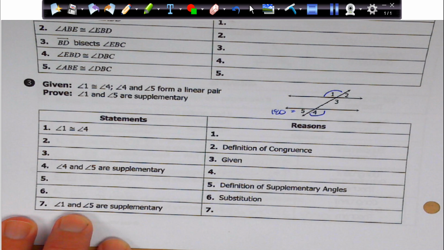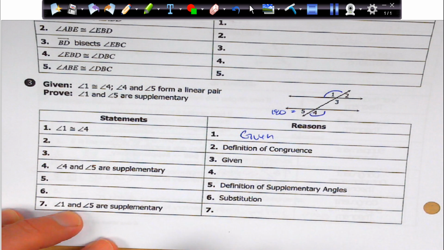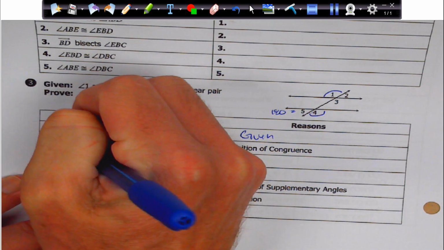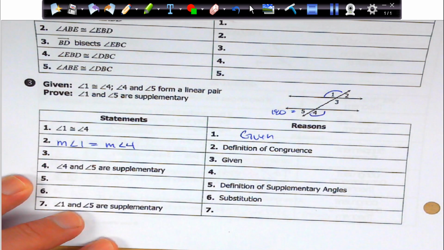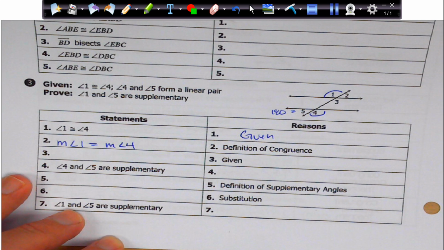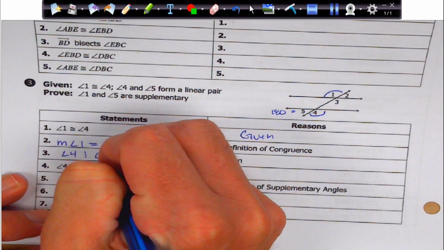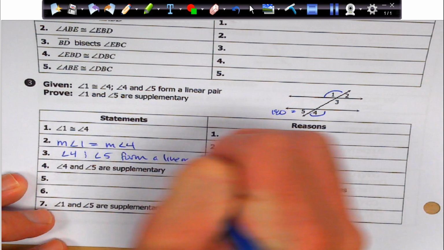Let's go. Angle 1 is congruent to angle 4. That's given to us. Definition of congruence. Whenever you see that, basically just switch it from congruent to equal. And for angles, a lot of times we'll put the letter M in front of it, which means measurement. Then it asks for another given, and that's just that 4 and 5 form a linear pair.